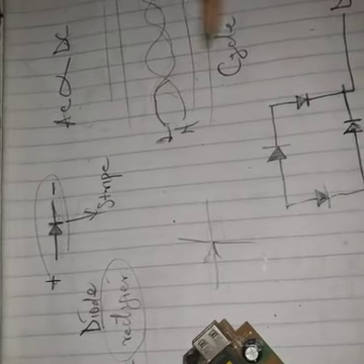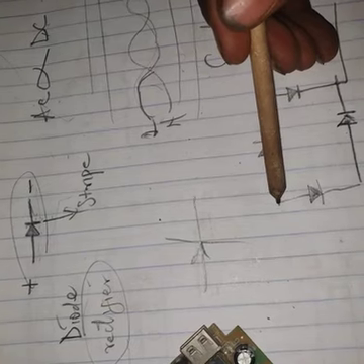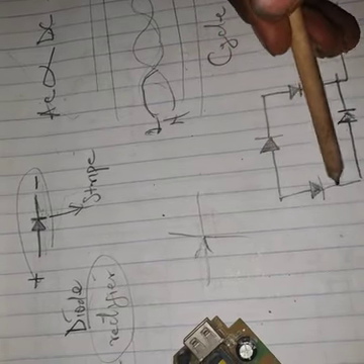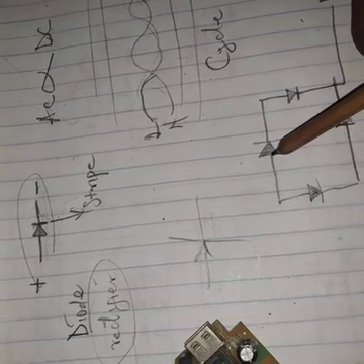Then you look for an area where we have 2 terminals of the diode that allow electricity to come through it. And when you look at it, which one? This is it. This one allows electricity to come through here, and this one also allows electricity to come through here.